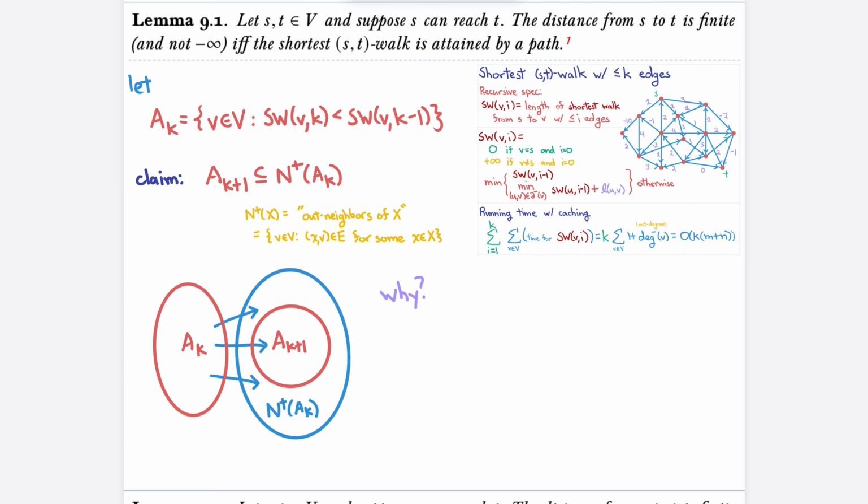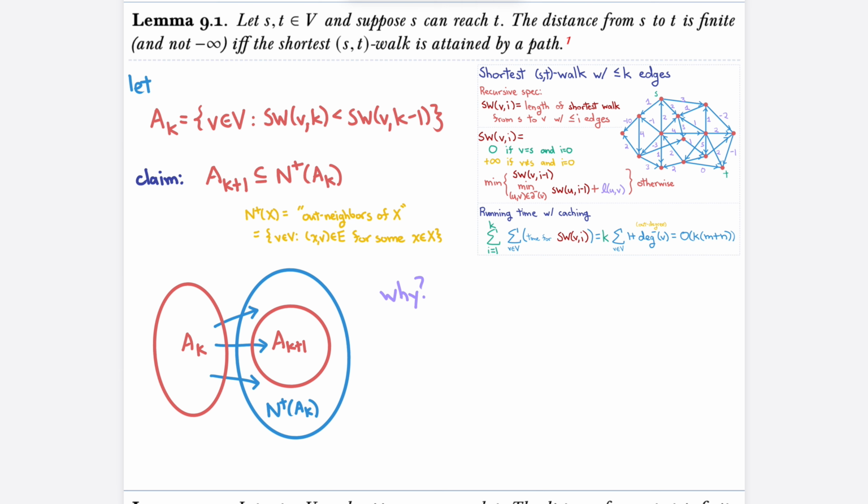Because if you improve on 101, then you're really using 101 edges. Someone before you must have improved at 100. So in this sense, the sets A sub k are not subsets of each other, but one set's out neighborhood contains the next one, contains the next one, contains the next one. There's some kind of chaining going on.